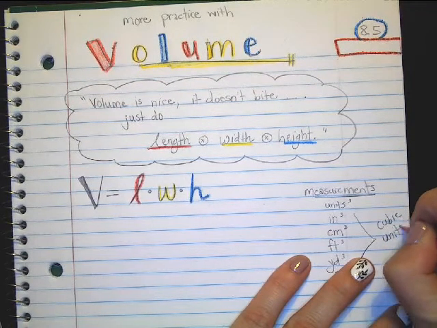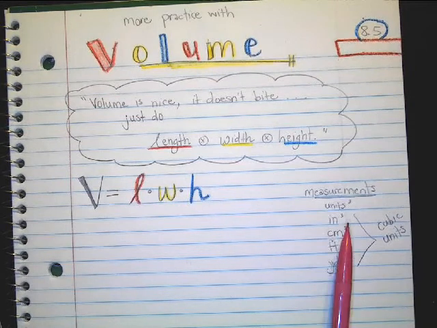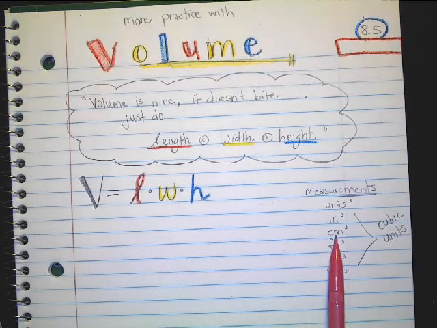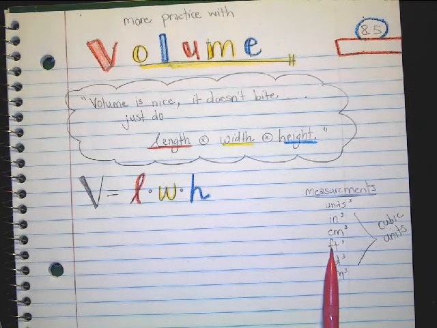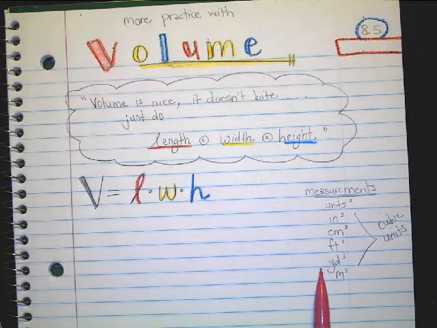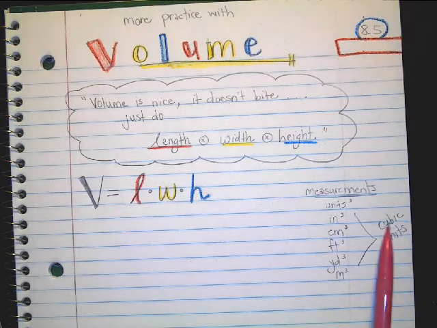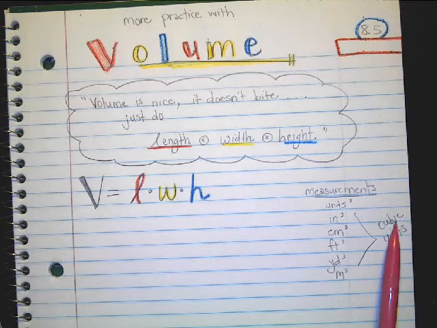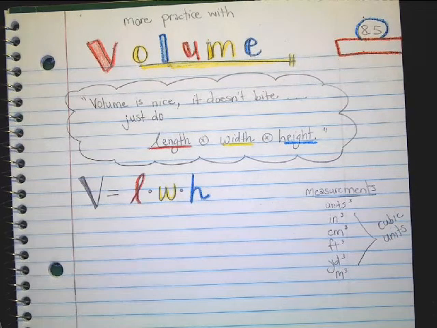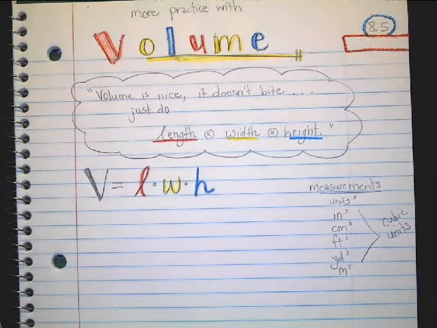So technically, you could say, let's say the answer was 48. You could say 48 cubic centimeters, 48 cubic feet. Try it with yards. Use the number 48. 48 cubic yards. 48 cubic meters. Okay, so you can represent those in different ways.